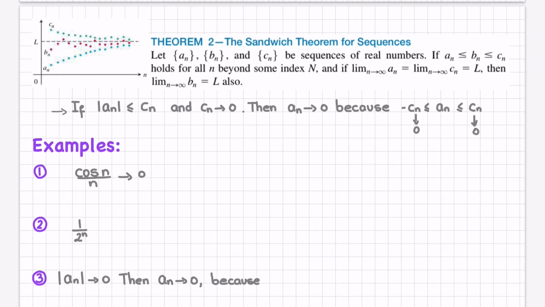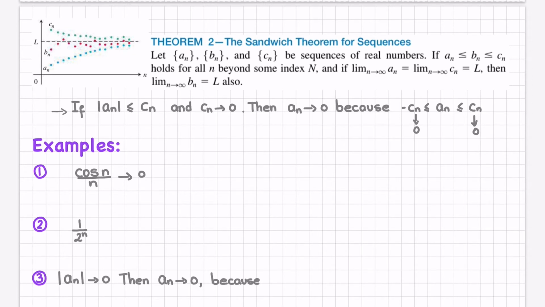And if you have 3 sequences like that, with this inequality for all n's, then if the limits of these 2 are the same, the middle one gets squeezed or sandwiched between the other 2 and would also have to have the same limit. So if this limit is L and this limit is L, the middle one must be L.